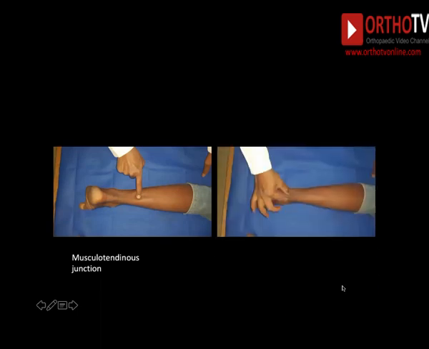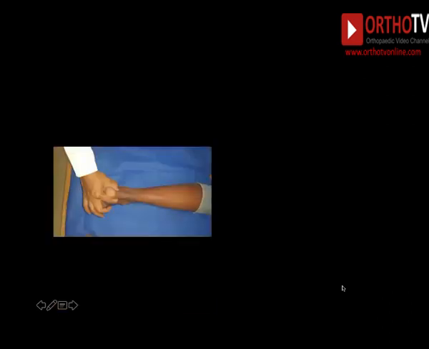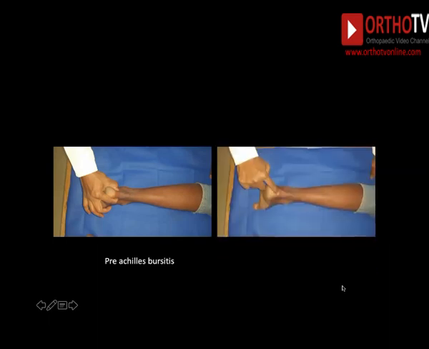Here it is the tendon which I am palpating, where I should assess the thickness and elasticity. This is the insertional part of the tendon, and I am palpating anterior to it, so I will be able to diagnose pre-Achilles bursitis. This is where I will diagnose post-Achilles bursitis.